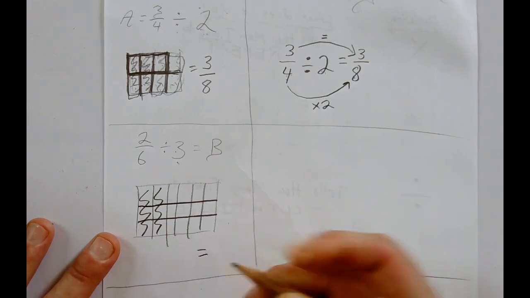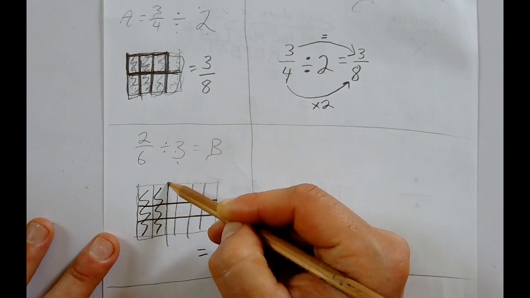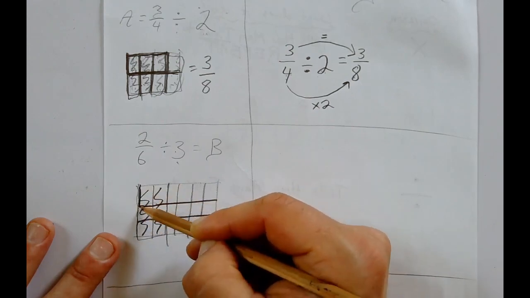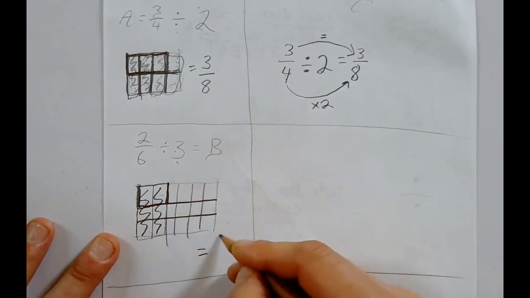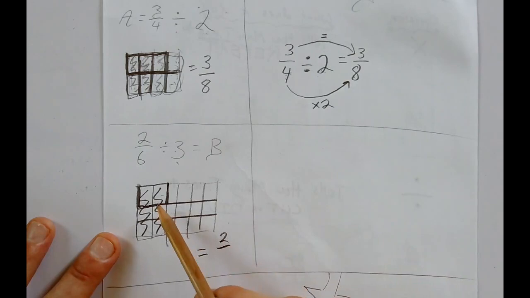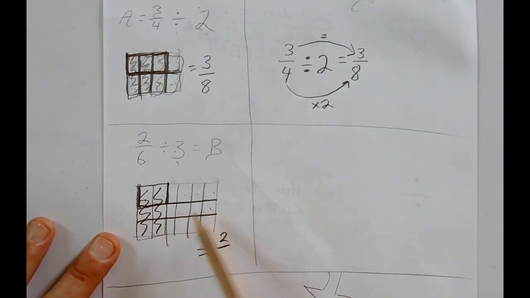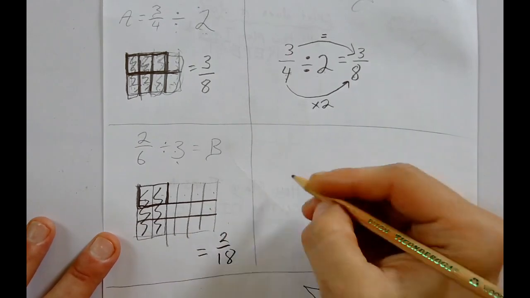Let's see what that leaves me with. Before, my 2/6 was this size. Now that it's been divided into 3 pieces, now each piece is this size. I still have 2 pieces, but the number of pieces I have is 1, 2, 3, 4, 5, 6, 12, 18. Let's look at that using our algorithm.